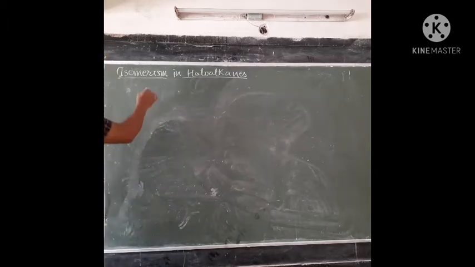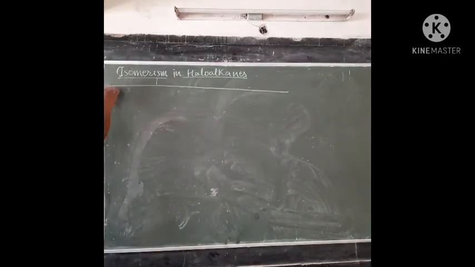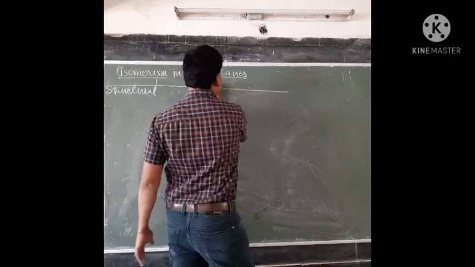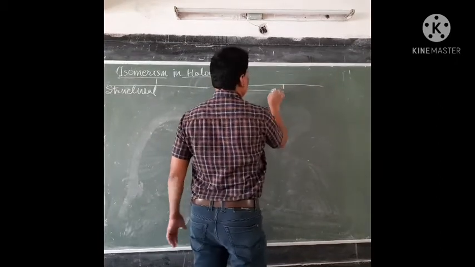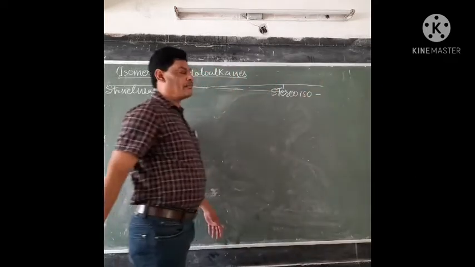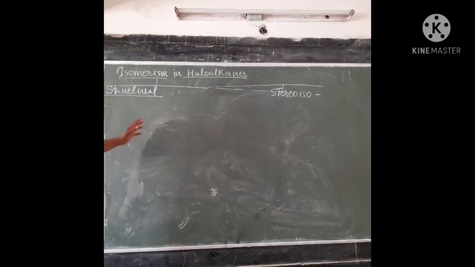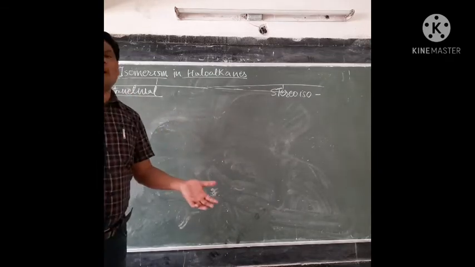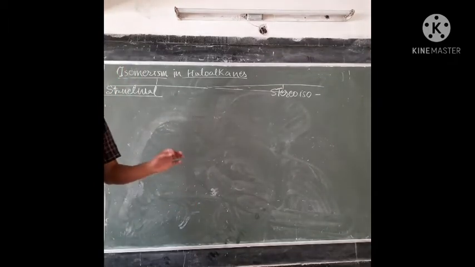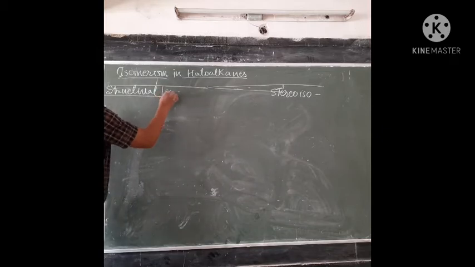Now, student, you know that isomerism is mainly classified in two ways. First one is called structural isomerism, and the second one is known as stereoisomerism. Okay. Now, what is structural isomerism? If the structures of two or more compounds having the same formula are different, it is called structural isomerism.